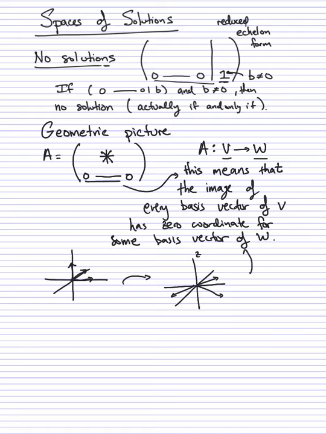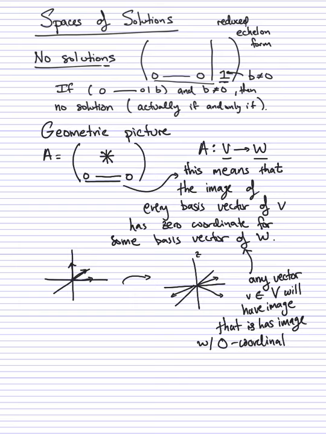And since this is a linear transformation, this is true for any vector in V. So any vector v in V will have image with 0 coordinate for this basis vector.